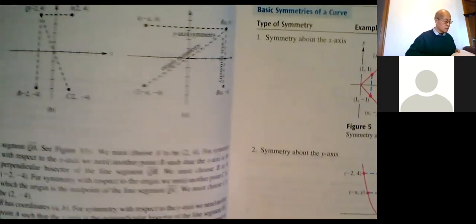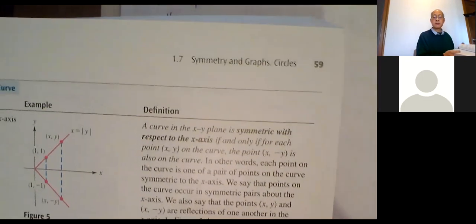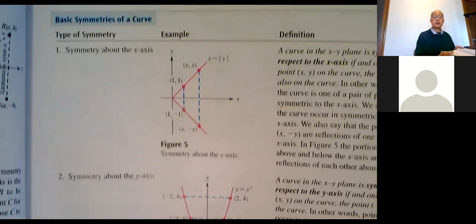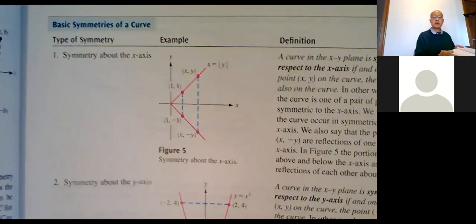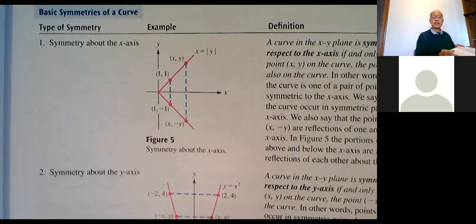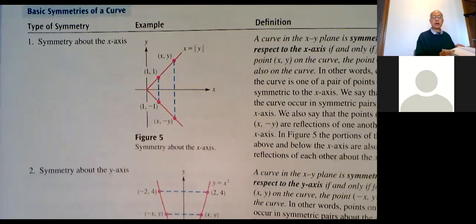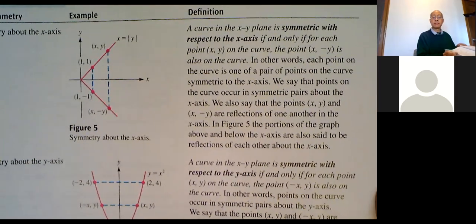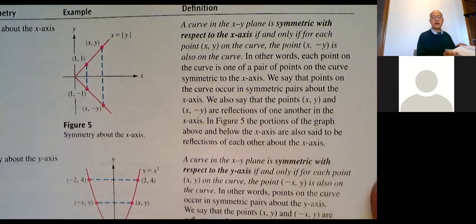Okay. So we're talking about symmetry now. Page 59. So again, I'll show you the key points here. So this is so-called symmetry about the x-axis. For those of you who don't plan on getting a book, there's all of this that you might want to read. You might say, do I have to read it?